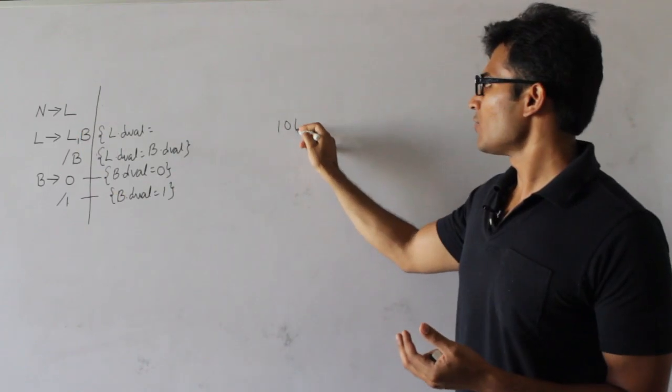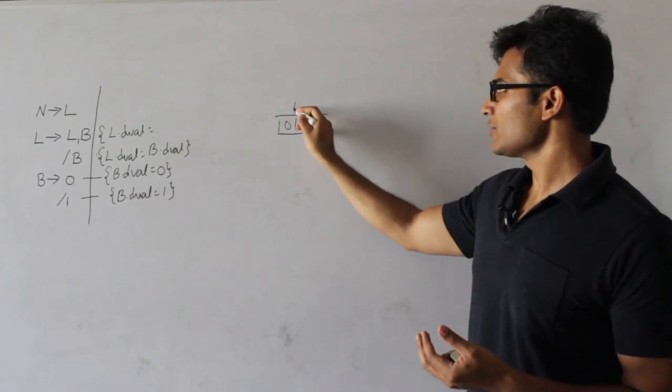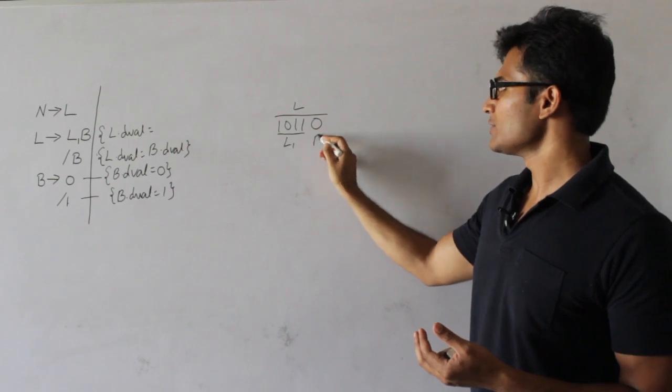If I have 10110, then this complete list is L, this is L1 and this is a bit.